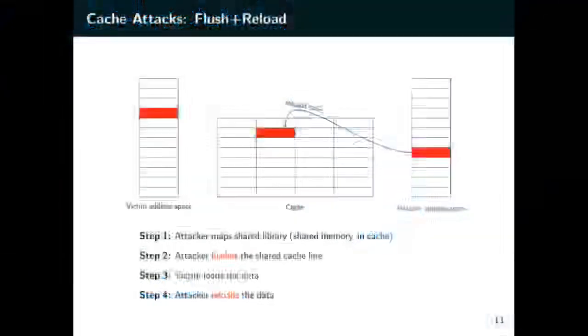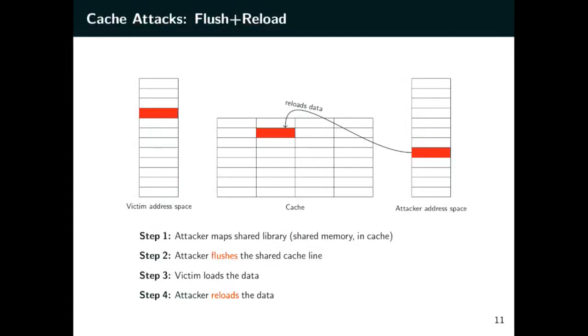So the attacker then reloads the data and measures the time it takes. And by measuring the time it takes, he can know if it's in the CPU cache, which means that the victim did access this particular cache line. And if it was not in the cache, then the victim did not access it. So this attack is actually quite powerful because the attacker can know if the victim accessed one particular cache line, which is usually around 64 bytes.